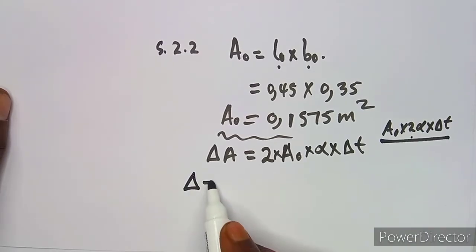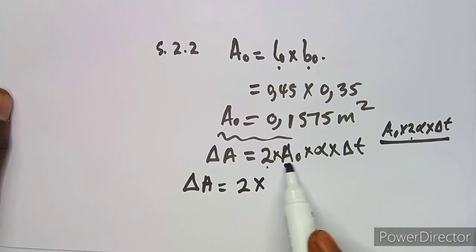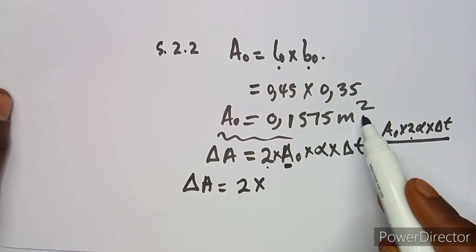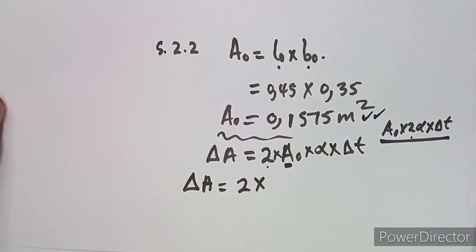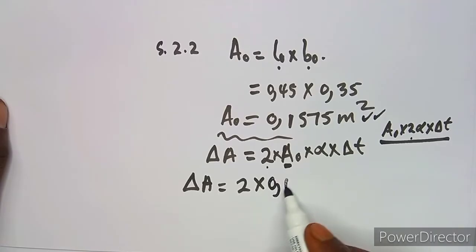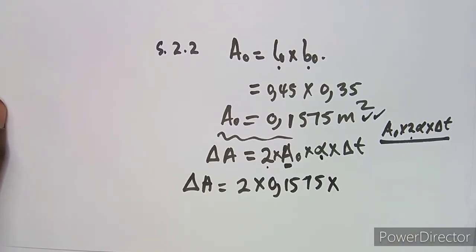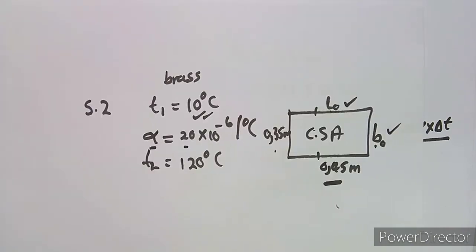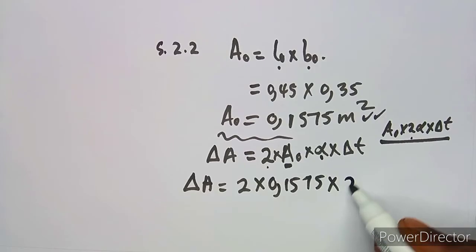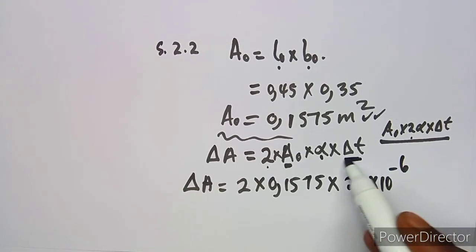So the change in area is going to be 2 times the original area of the rectangular block when it was at 10 degrees Celsius, which is the original area we calculated from the block, 0.1575, times the linear coefficient of expansion. Take note, the linear coefficient of expansion is 20 times 10 to the exponent of -6. So you've got 20 times 10 to the power -6 times the change in temperature.